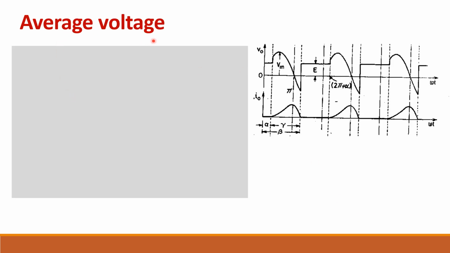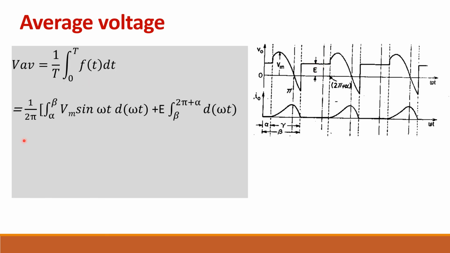Now we will find the average voltage. This is the waveform. It is a little different from the previous waveforms you have seen, because you will have one more term, E, so you have two limits. The total time period is 2 pi. From alpha to beta, your output voltage is equal to Vm sin omega t.